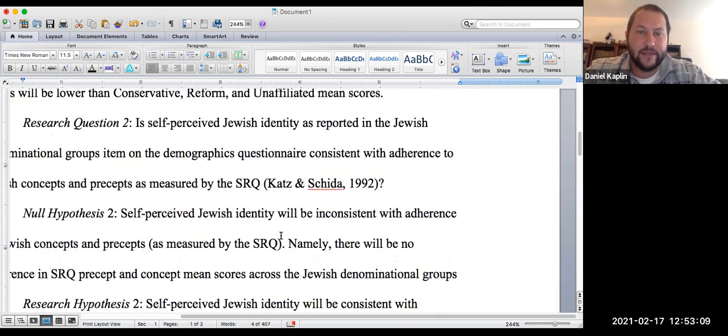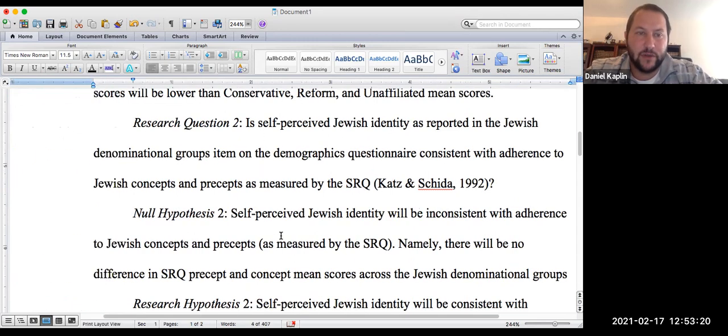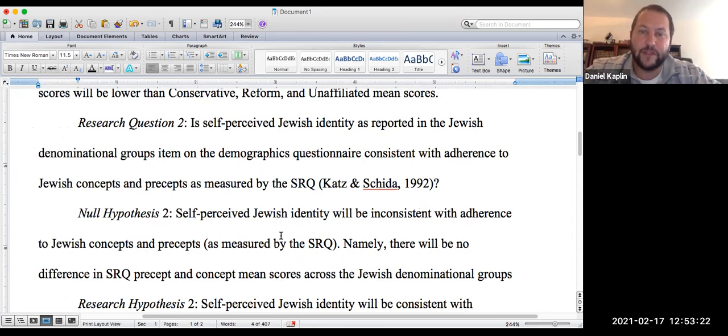Now, the second research question was, is self-perceived Jewish identity, as reported in a Jewish denominational groups item on a demographics questionnaire, consistent with adherence to Jewish concepts and precepts as measured by the SRQ? Now, it's interesting.